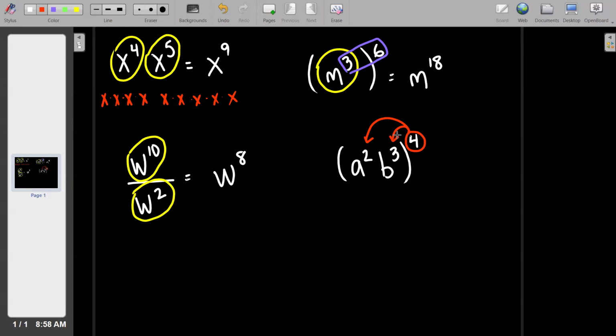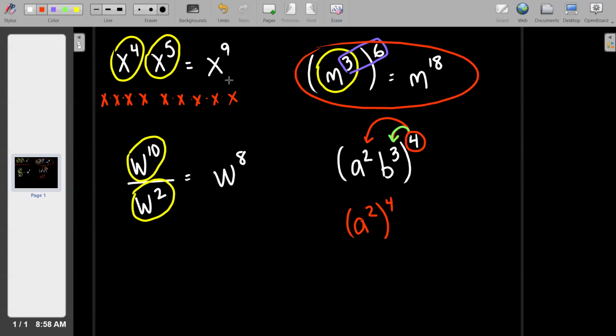This involves two powers, or excuse me, two properties. And so the first thing that happens, I should recolor these. I'm going to do like a red arrow and a green arrow. So when I do the red arrow, I look at it like this. I already have a to the second, and I'm taking it up to the power of 4. So that, you would agree, is going to involve the property that I just circled up there, right?